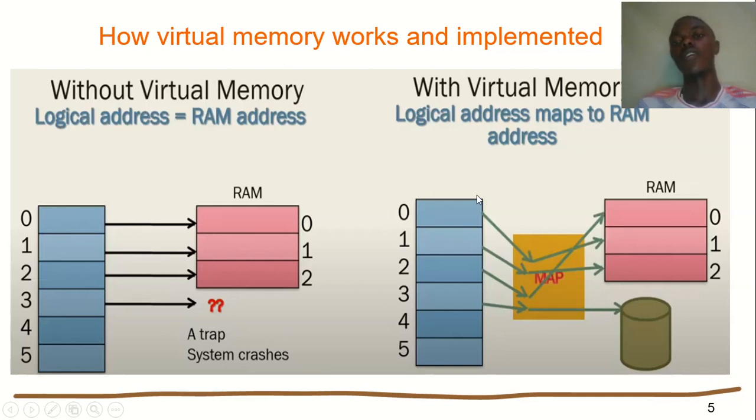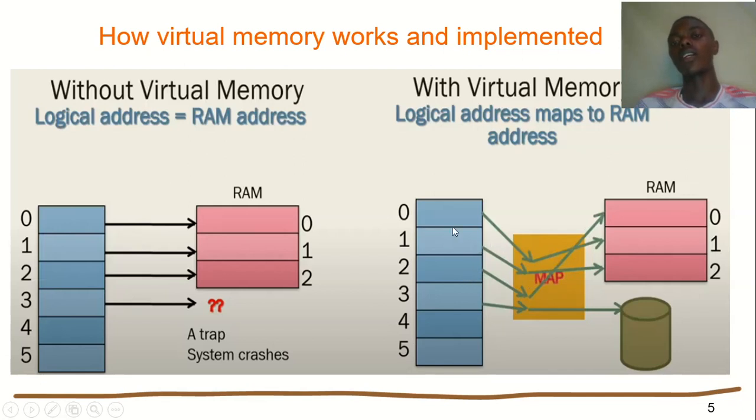And on the right, we have a system with virtual memory. So if page 0 requests a space in the RAM, it is mapped onto the RAM. Page 1, the same thing, and page 2, they map it onto a portion.